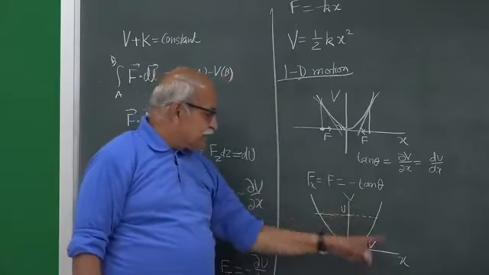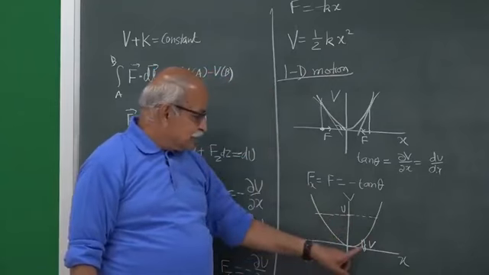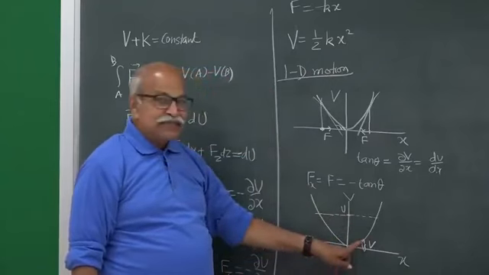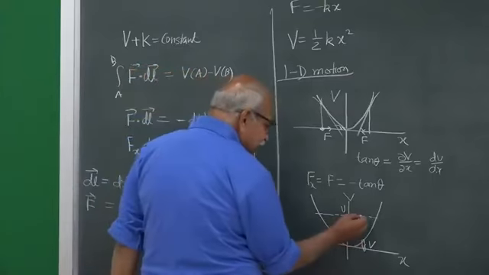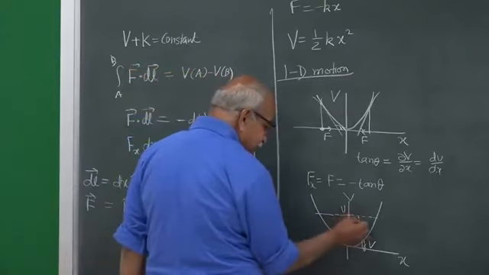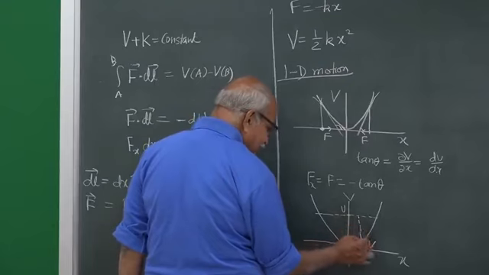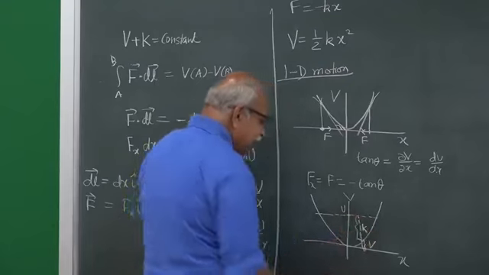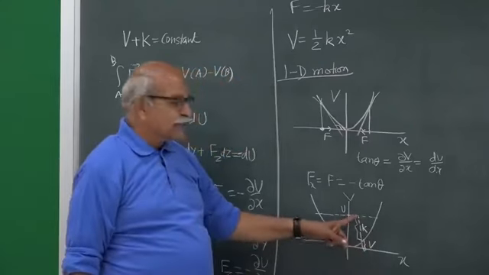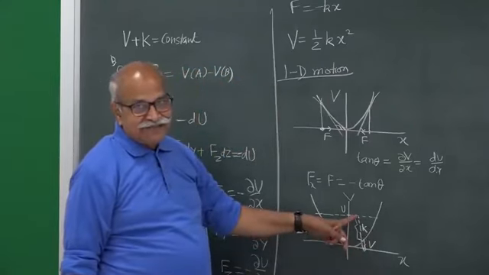As a function of x I am plotting potential energy. So, at this value of x, this is the potential energy, and this is the total energy. So, this much is kinetic energy, and kinetic energy plus potential energy is the total mechanical energy.